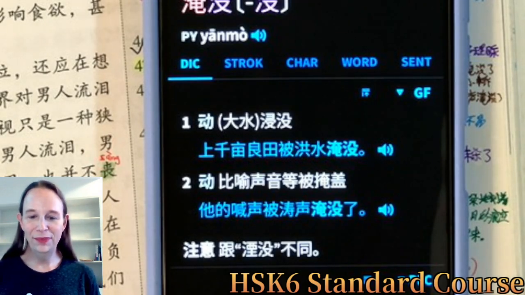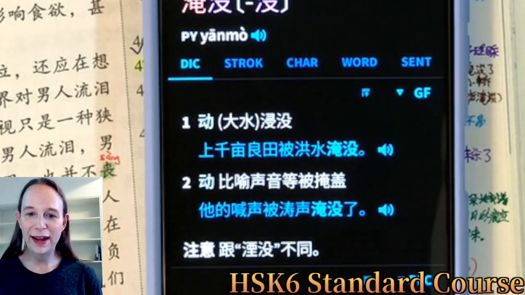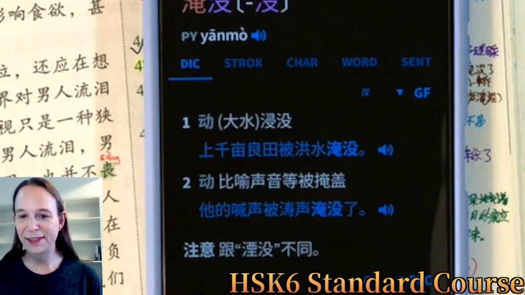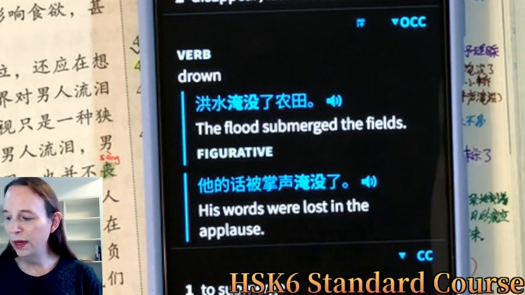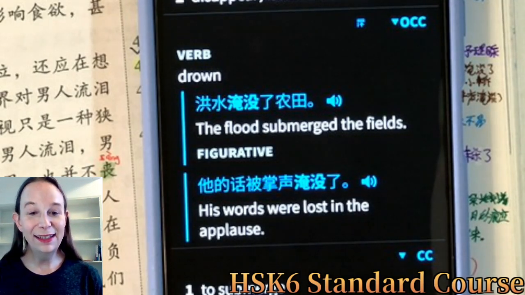Okay, so his 喊声, his shouting was drowned out by roaring sounds. Unspecific roaring sounds. 洪水淹没了农田，他的话被掌声淹没了。Okay, yeah, sometimes that happens.